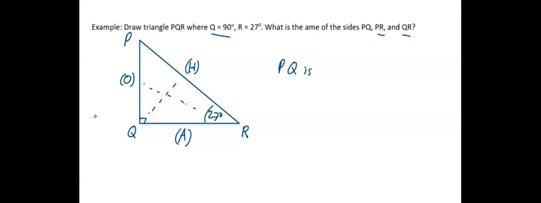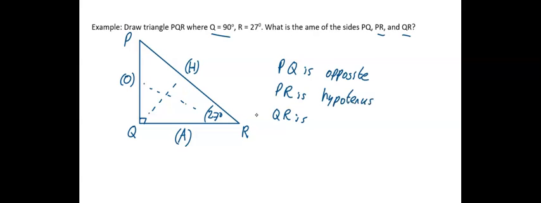PQ is, PR is, and QR is, and then we'll fill those in with the correct words. So your PQ, you can see it was the opposite. So just label it opposite. PR is the longest one, so it's the hypotenuse. And QR was the adjacent.